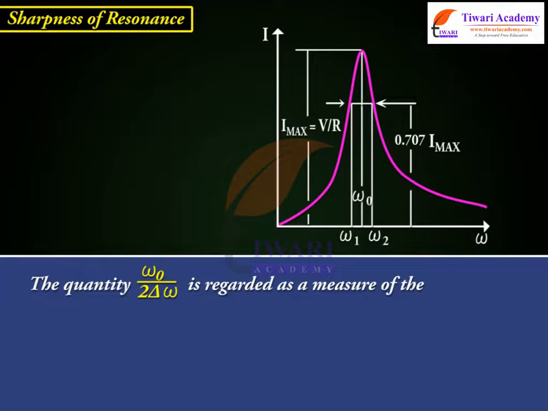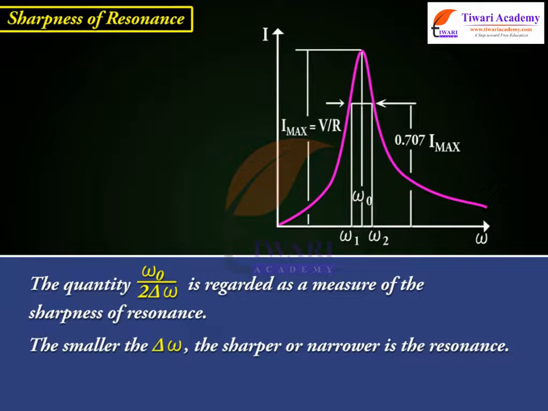The quantity omega naught by 2 delta omega is regarded as a measure of the sharpness of resonance. The smaller the delta omega, the sharper or narrower is the resonance.